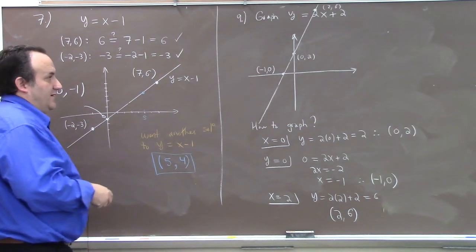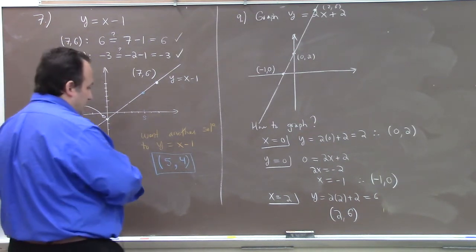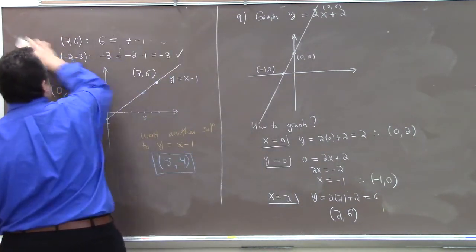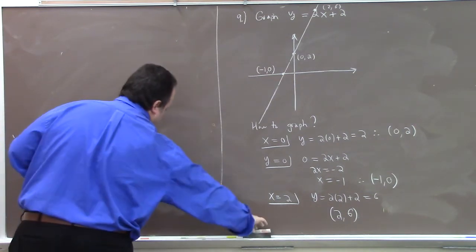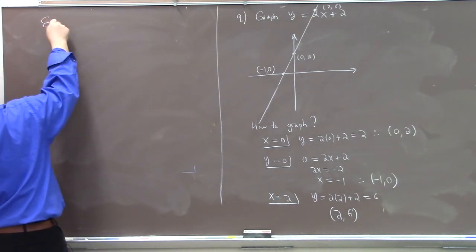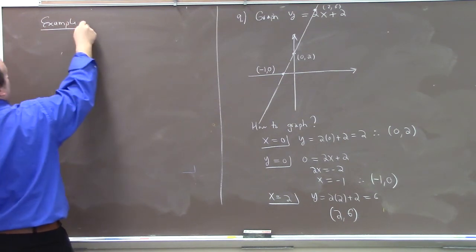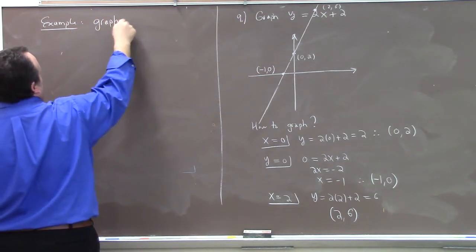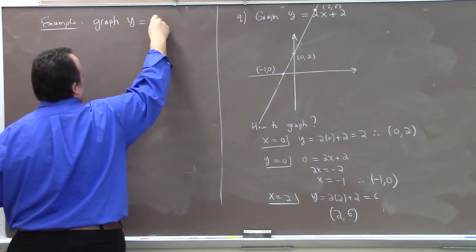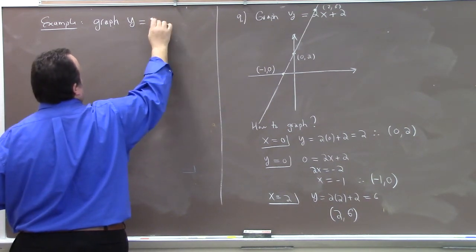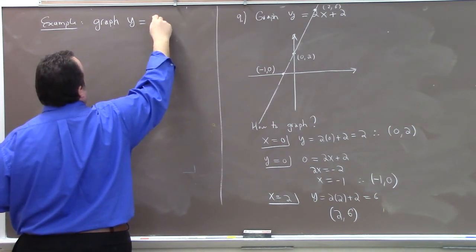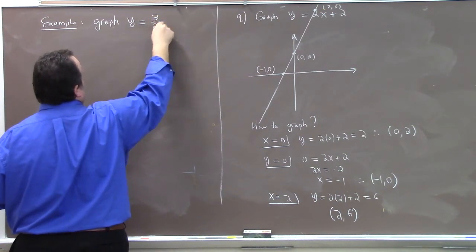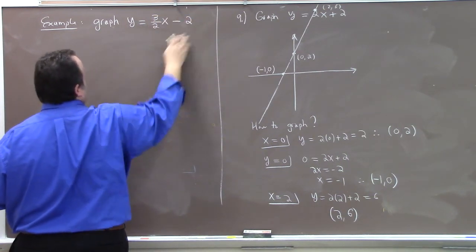Now, what's the other way we can graph a line? The other approach we could have taken here, I'll just do an example. Graph y equals, let's say, 3/2 x minus 2.